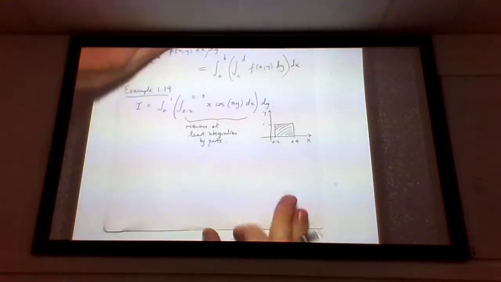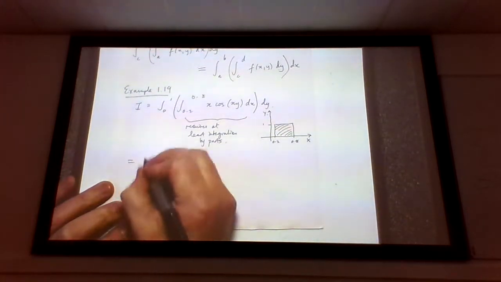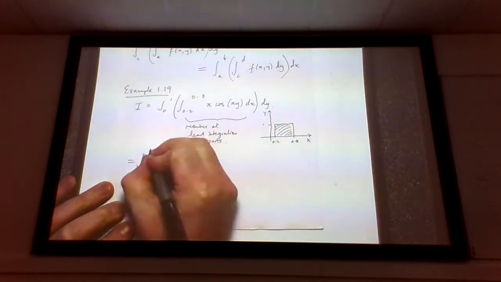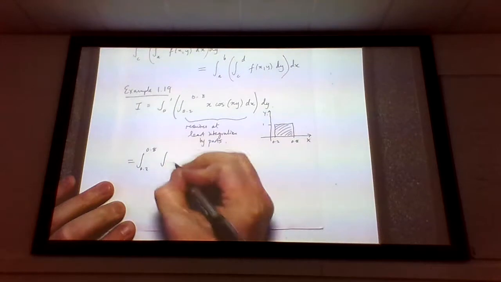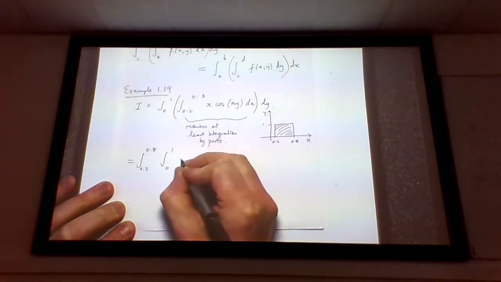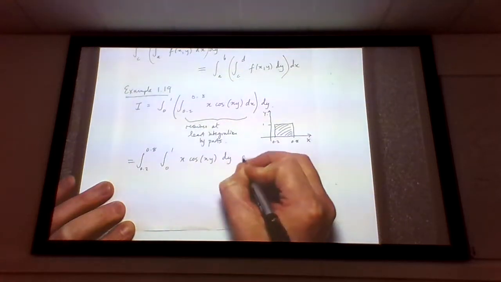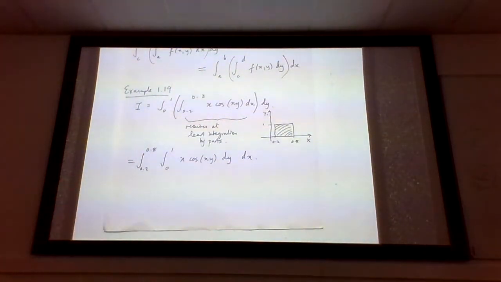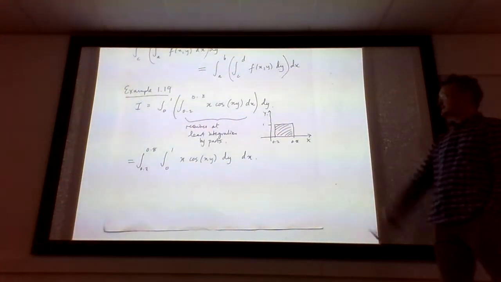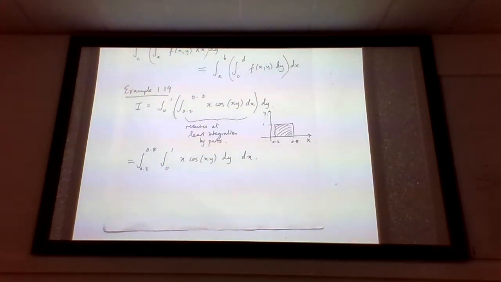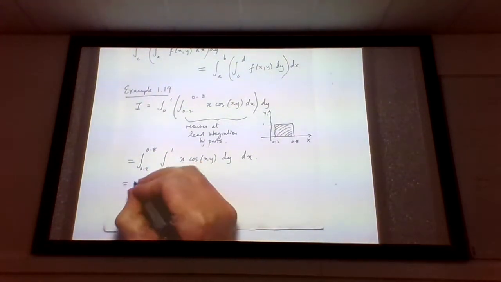And that can be achieved by reversing the order of integration. So if we choose to do the y integral first, and only after that has been evaluated to perform the x integral, then it looks a bit easier.